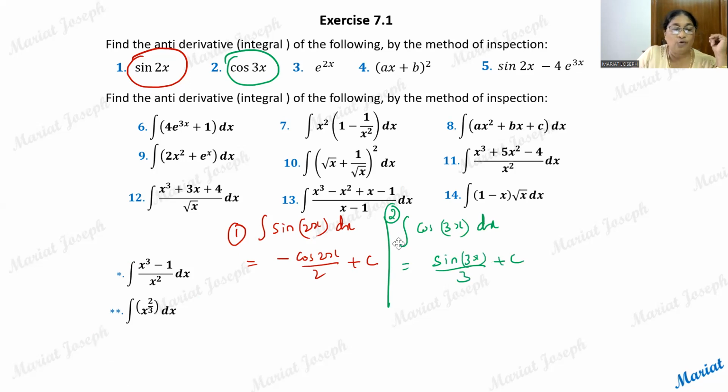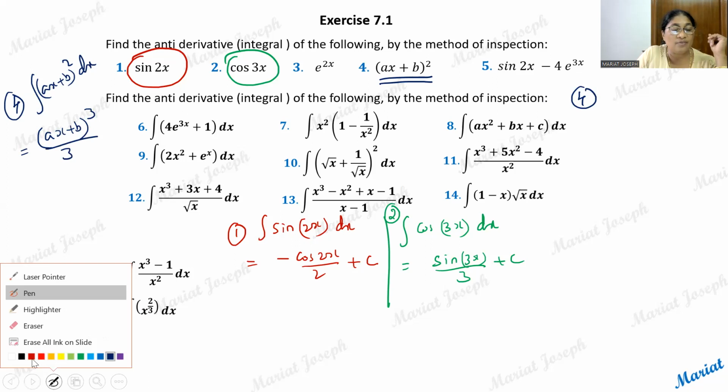Okay. And the fourth one, yes, ax plus b whole square. Question number 4, integral of ax plus b whole square. Who is going to give me the correct answer directly? Ax plus b whole cube upon 3.